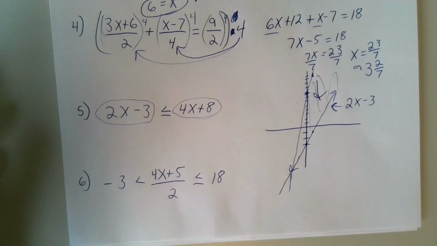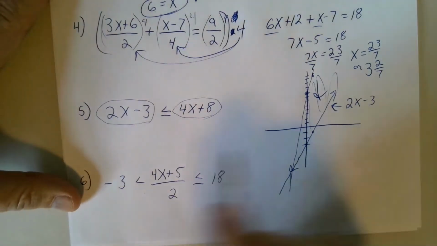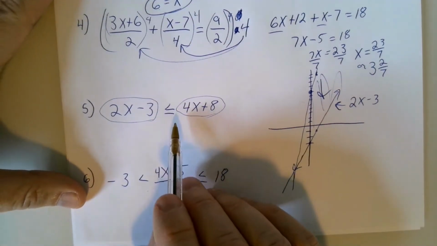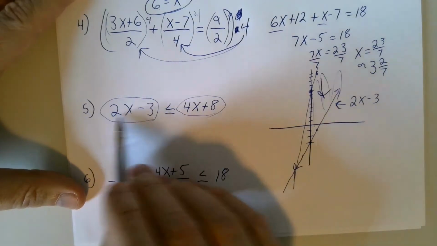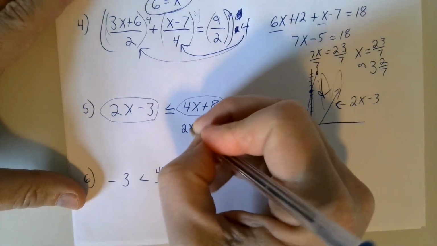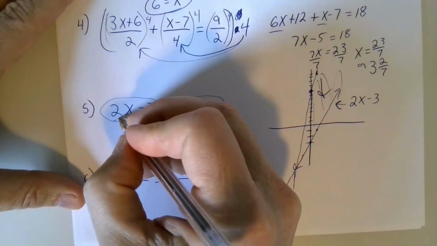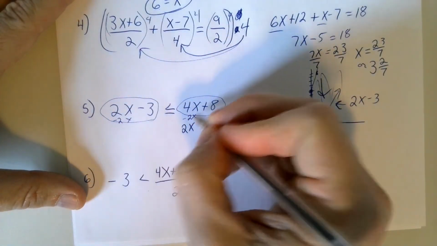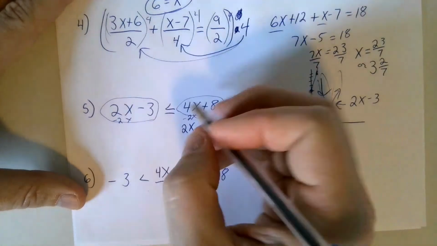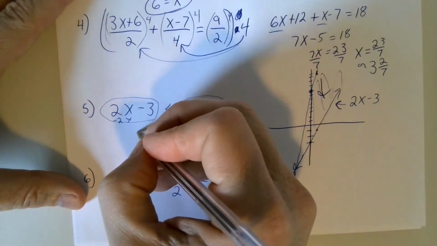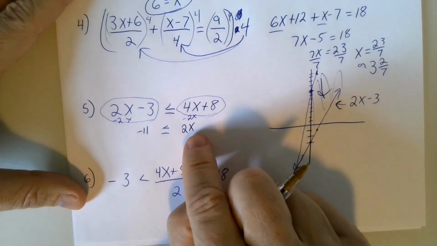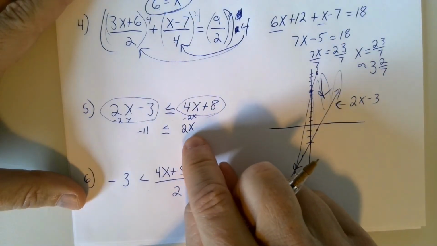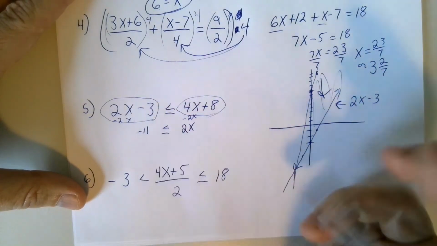So I'm assuming I'm going to get a negative out of this thing, but let's do the math. I'm going to treat the inequality like an equality until I need to do something different. So I'm going to move the 2x over here. Subtract 2x, subtract 2x. So 4x minus 2x is 2x. Subtract the 8 to the other side, so I got minus 11. Now reading from the x, 2x is greater than or equal to negative 11.